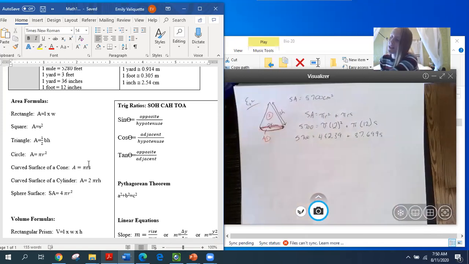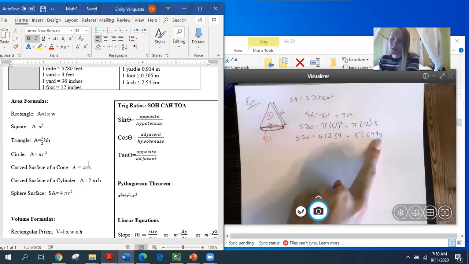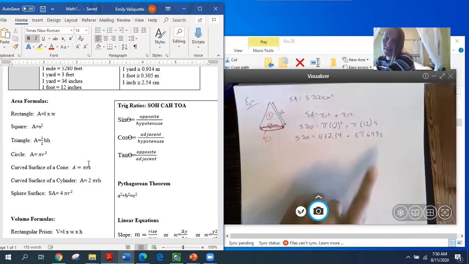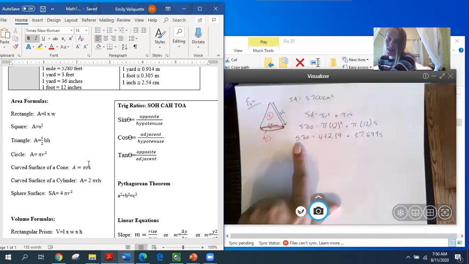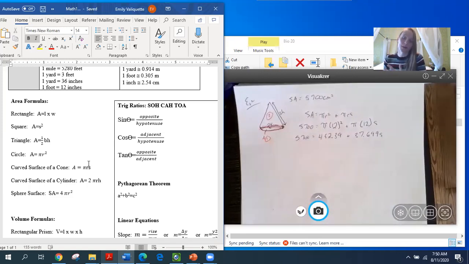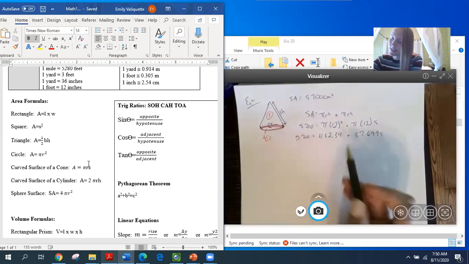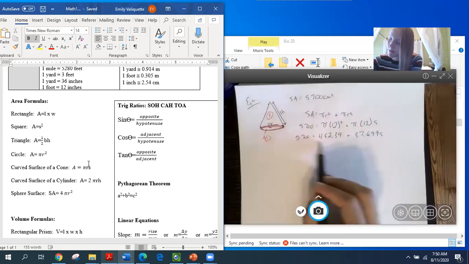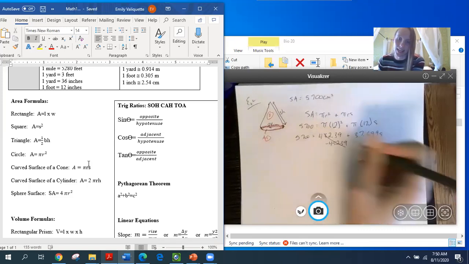Now, I want to isolate my S, so I want to get the S by itself, which means everything else that is on the same side of the equal sign as the S needs to move to the other side. When I'm doing that, anytime I'm isolating a variable, I always start by moving whatever is furthest from the S. So in that case, that is my 452. So because this is a positive number, I will subtract 452.39 to get it to cancel out.